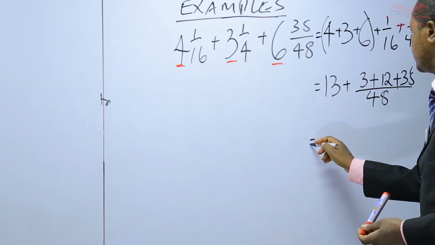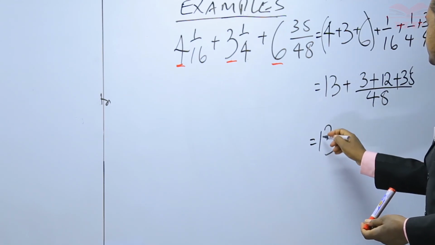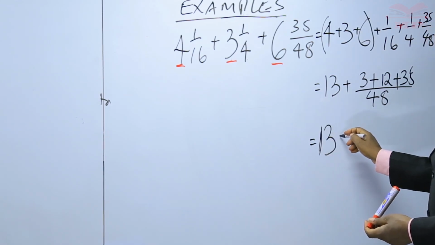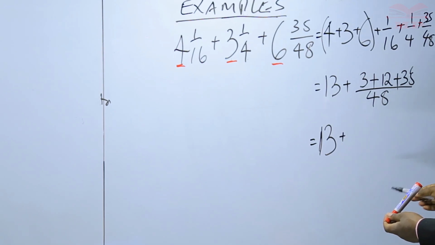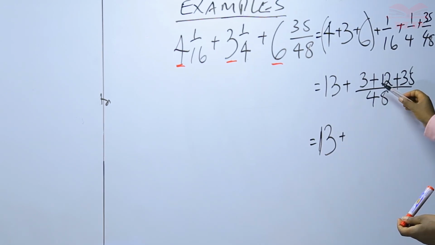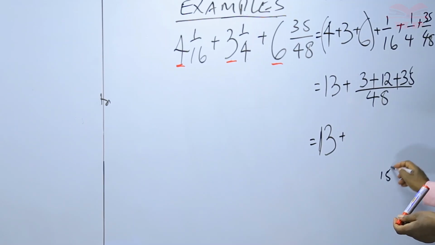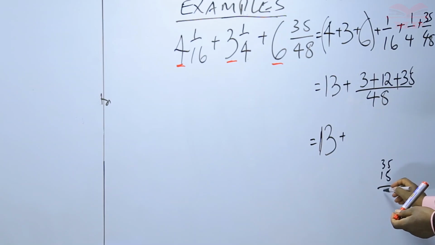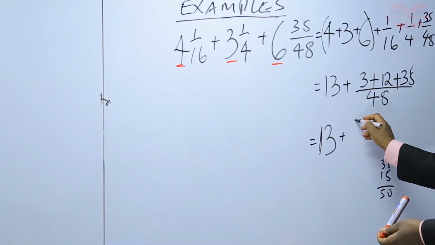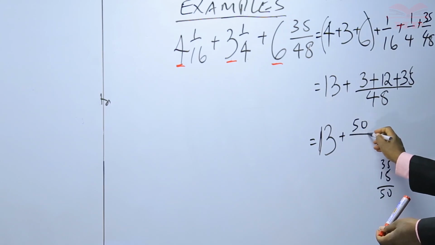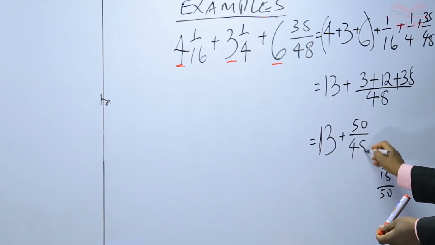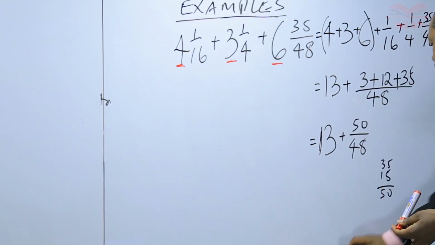So this will be equal to 13 plus 3 plus 12 is 15. 15 plus 35 is equal to 50. So here we have 50/48.